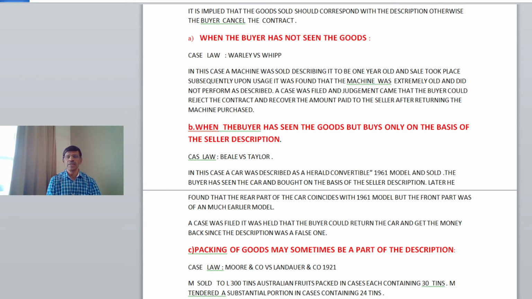It was held that the buyer could return the car and get back the money paid, since the description was a false one. Third clause, packing of goods may sometimes be a part of the description. Here, packing of goods plays a vital role. There is one case law, Moore and Company versus Landauer and Company, 1921.